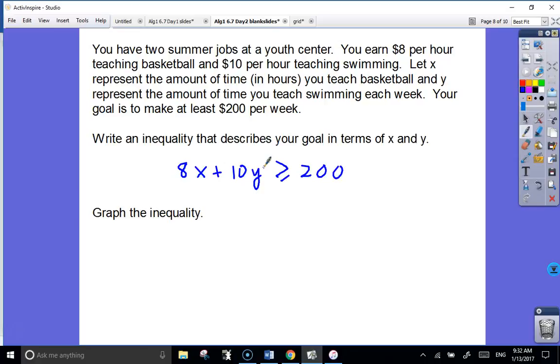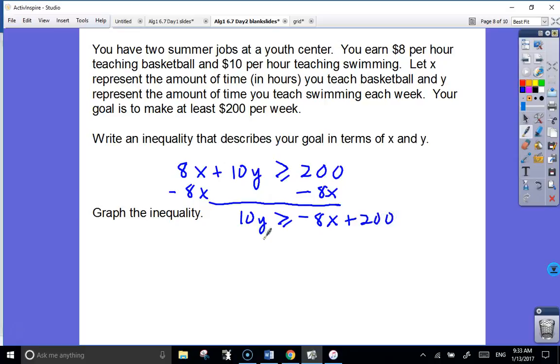Okay? So now we got to graph the inequality. What do we have to do before we can graph this? Solve for y. Subtract 8x. Now we got 10y is greater than or equal to negative 8x plus 200.